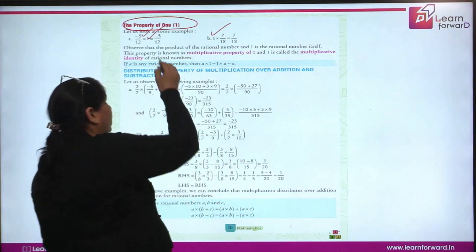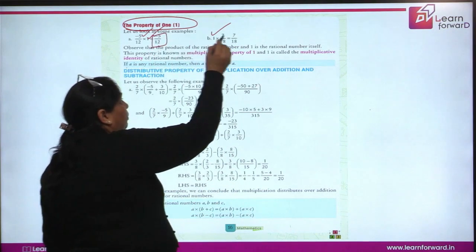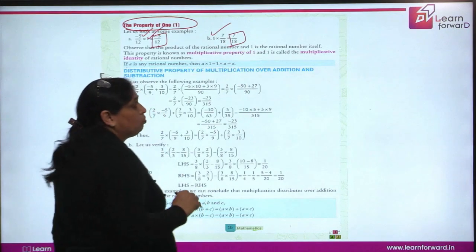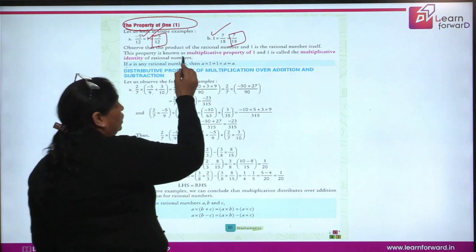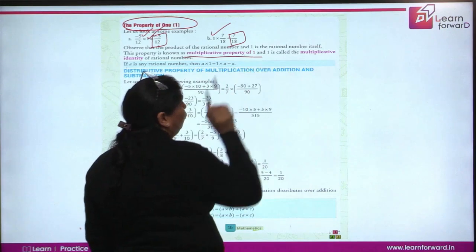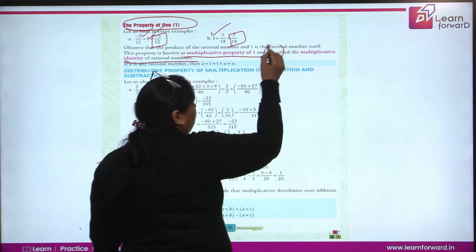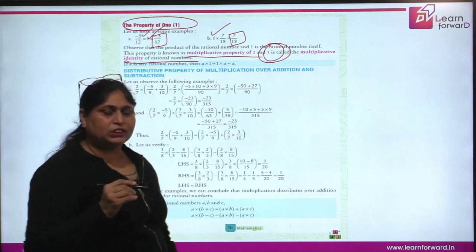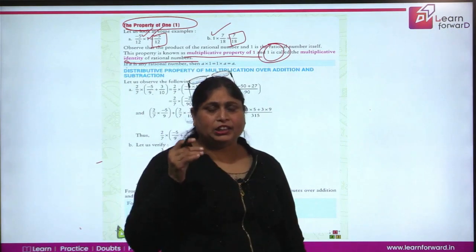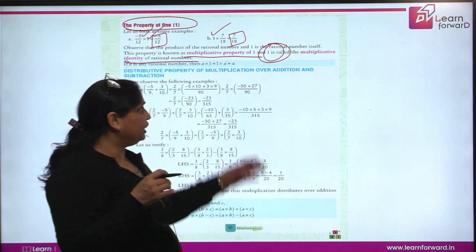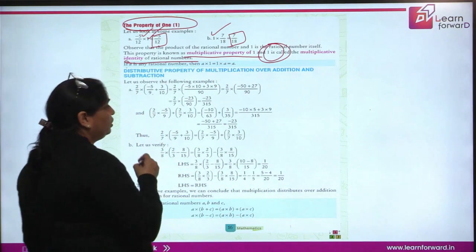Here again, we are getting the rational number itself. So this property is known as the multiplicative property of 1, and the multiplicative identity is 1. Additive identity is 0, multiplicative identity is 1 for rational numbers.